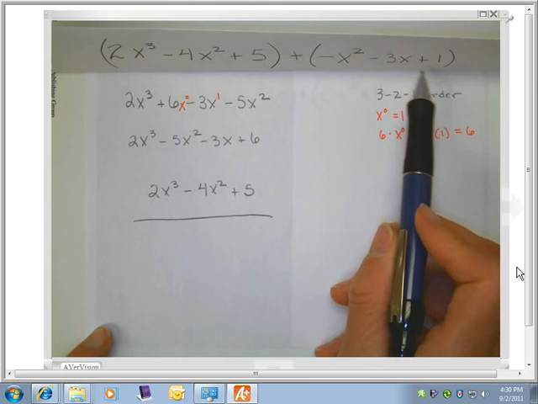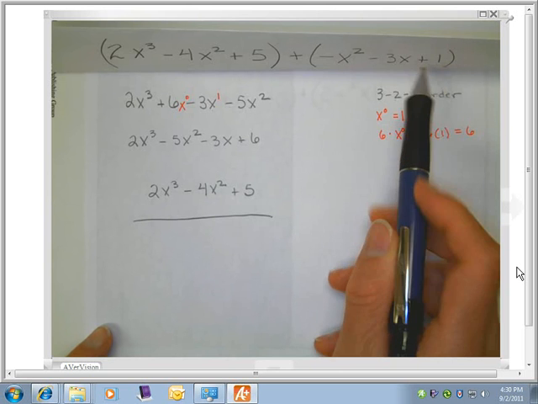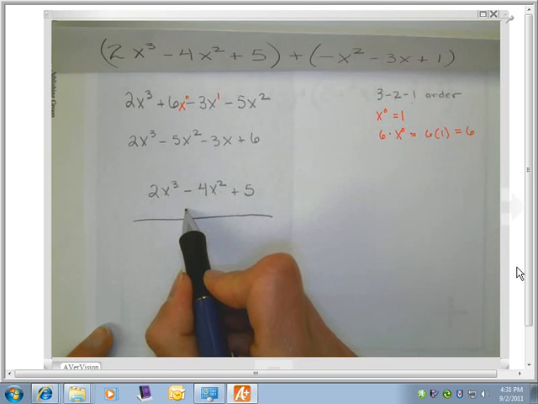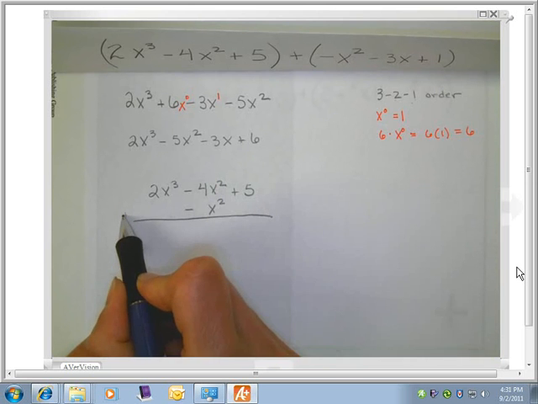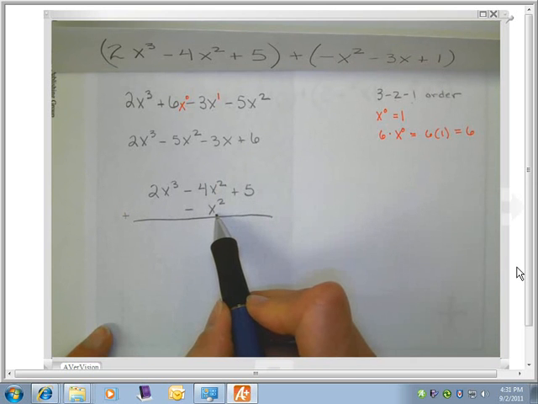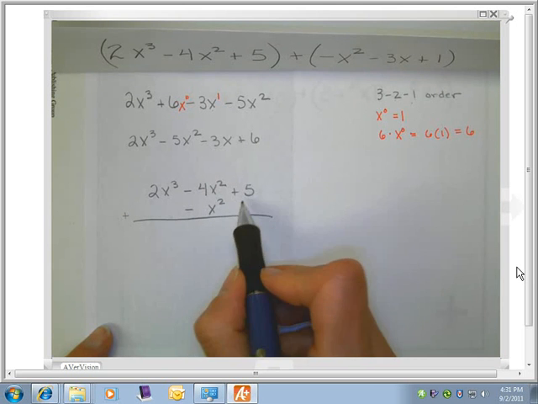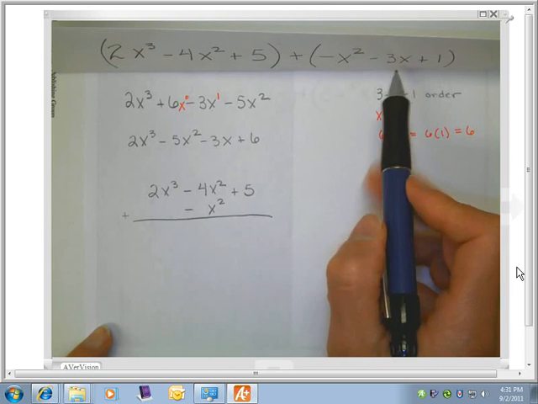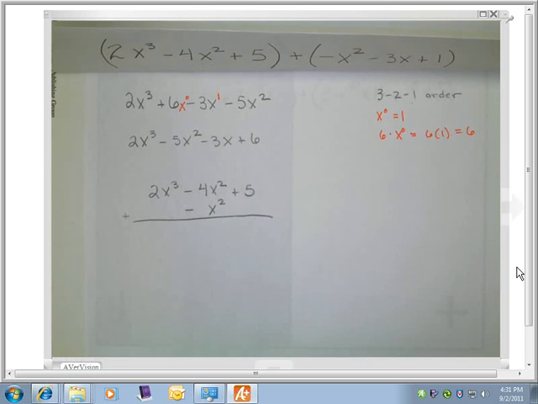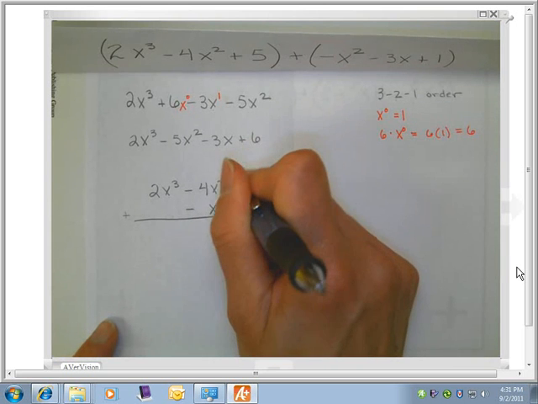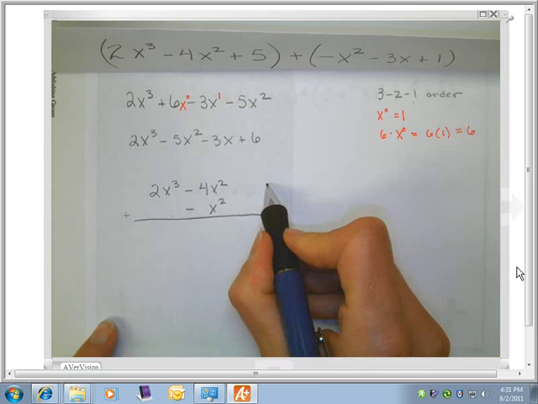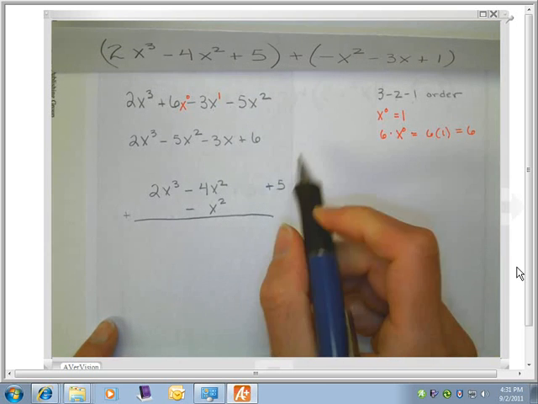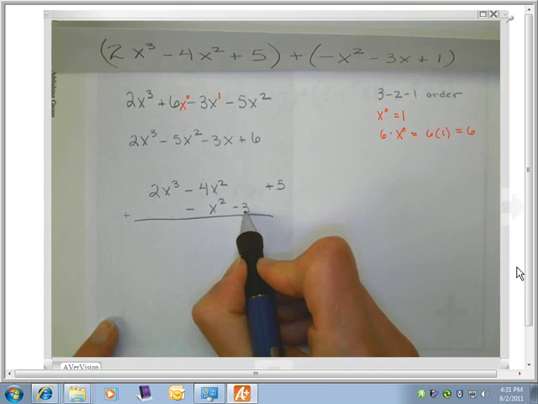So I'm going to put my negative x squared here. Remember, I'm adding all these. Ooh, I kind of messed up a little bit because my next term is negative 3x, so I need to make some room for that. This is why we do math with a pencil. So I'm going to erase that plus 5, and I'm just going to move it over there. So my negative 3x goes here, plus 1.